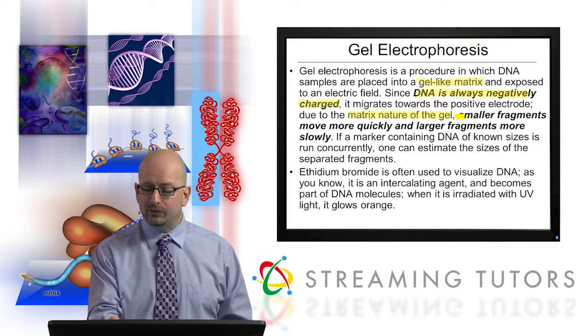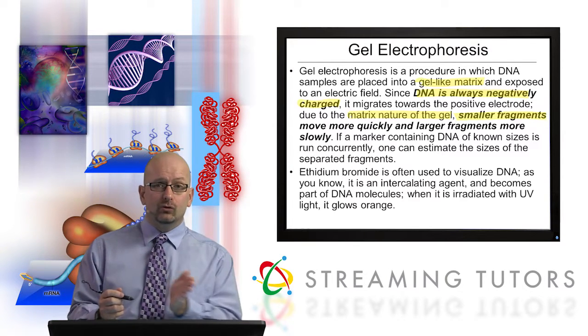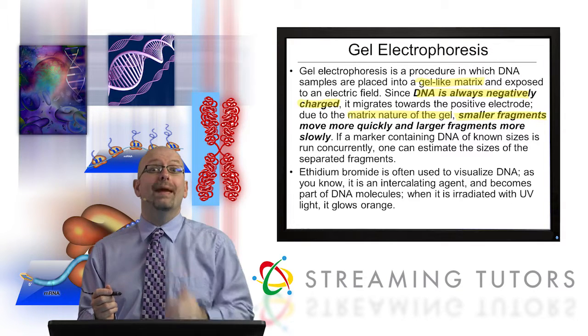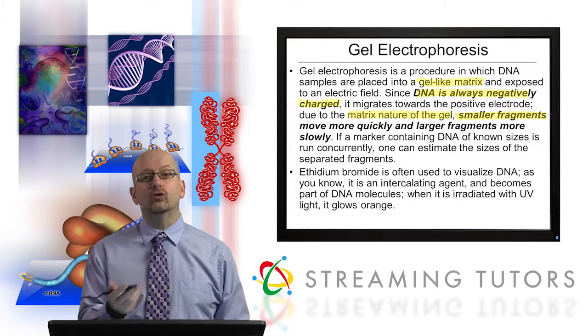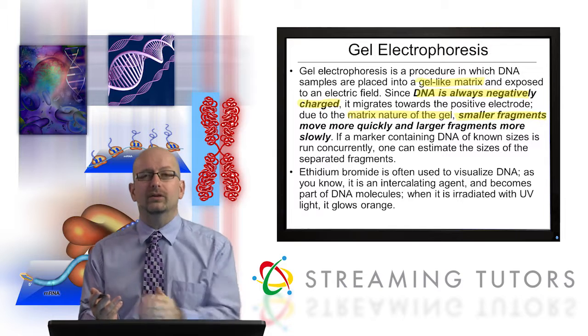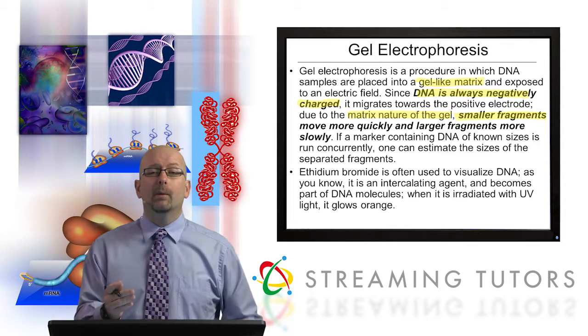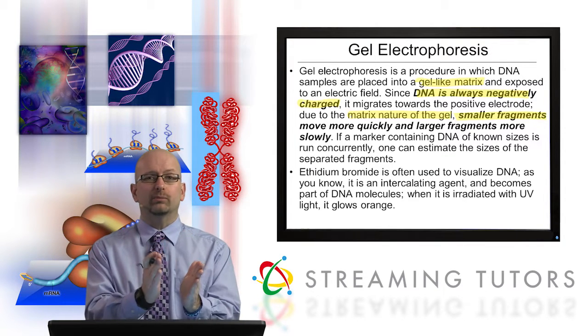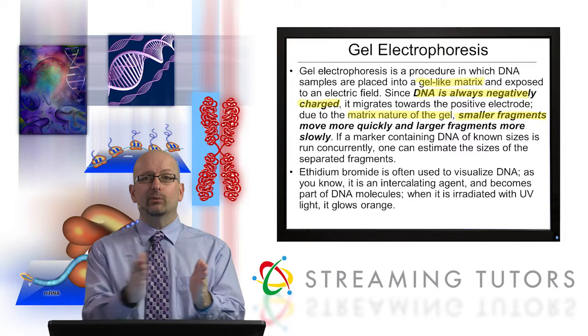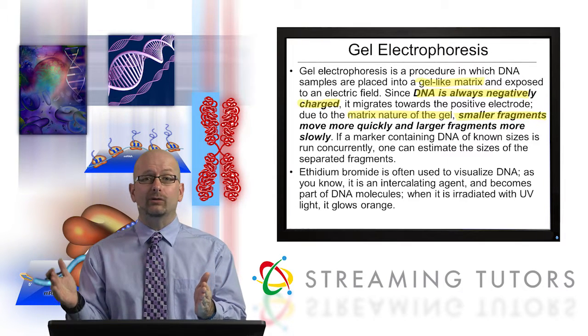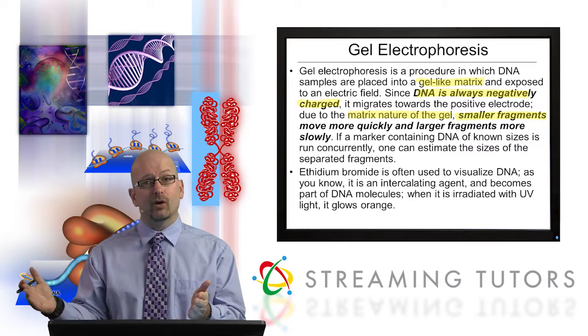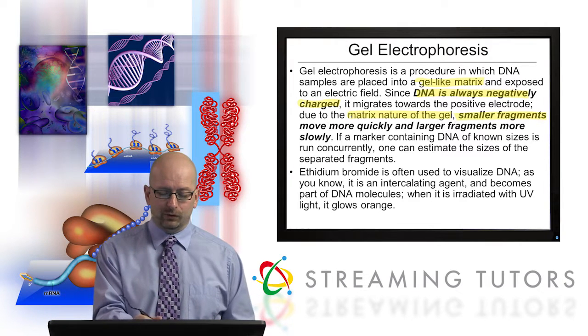So the beauty of this is that small fragments can travel relatively quickly through this maze, as it were, whereas larger fragments take a little longer because they have to snake their way around. But it literally and almost perfectly every time separates fragments in order of their size, from small traveling the farthest to large not traveling so far.